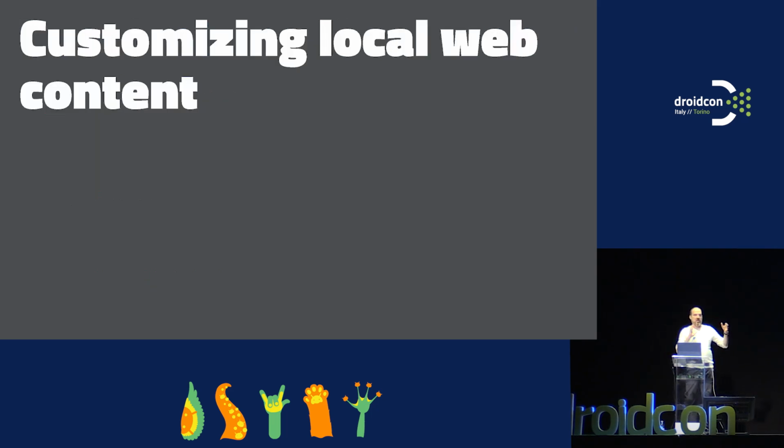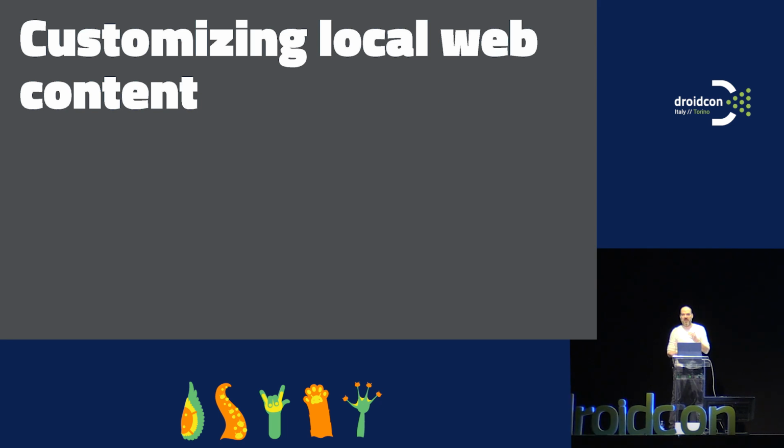OK, so we talked about how to load the local content without having to set up your own web server or using file URLs. We talked about how to intercept the requests and such. And the final thing I want to talk about is, OK, so I got this data, but it's not actually formatted or working as intended. So I need to reformat it.